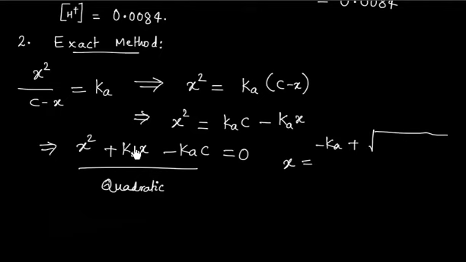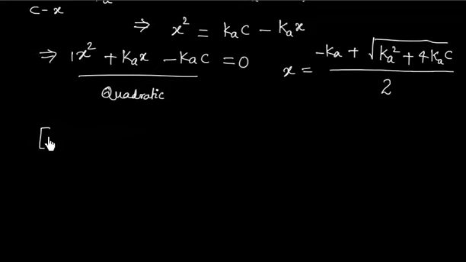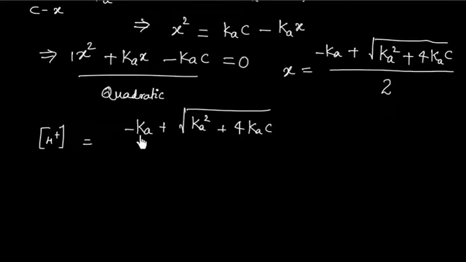So b is this, b squared minus 4ac, and this minus minus becomes plus 4Ka into C, that is 4ac, divided by 2a. A is 1 here, you can see clearly. So this is the solution: the H plus concentration is minus Ka plus under root of Ka squared plus 4KaC, divided by 2.